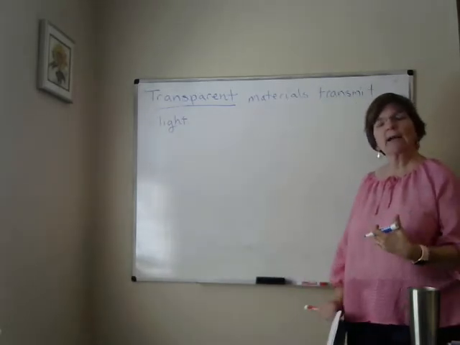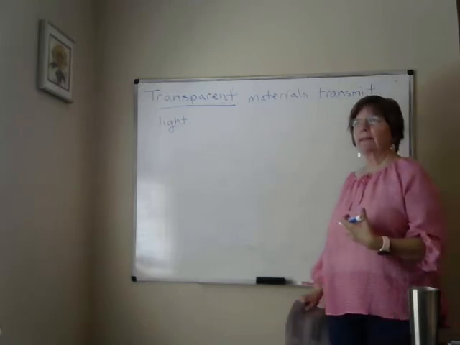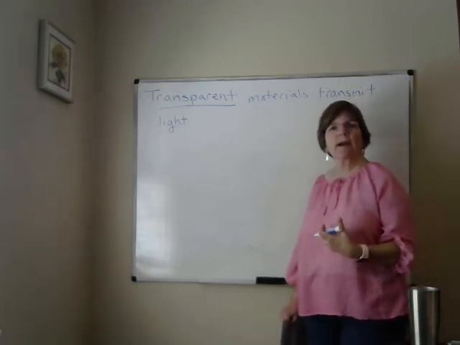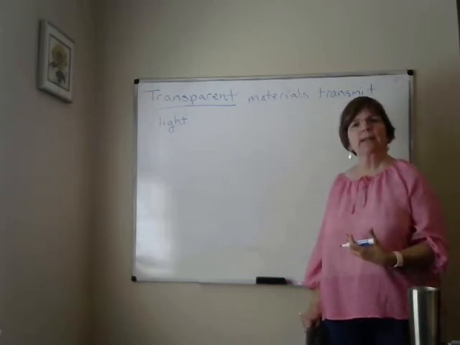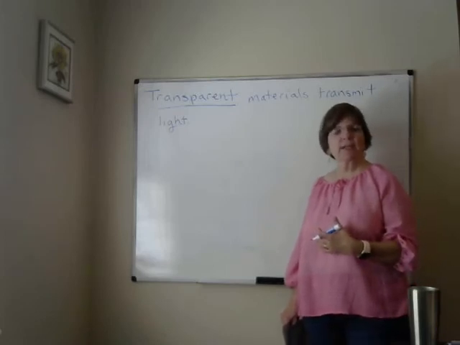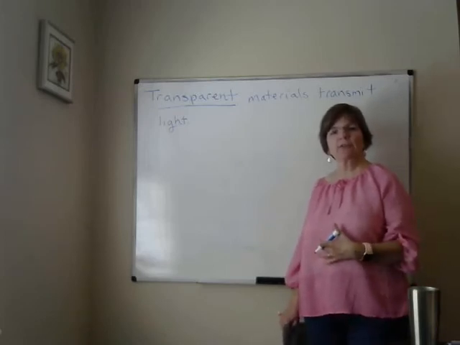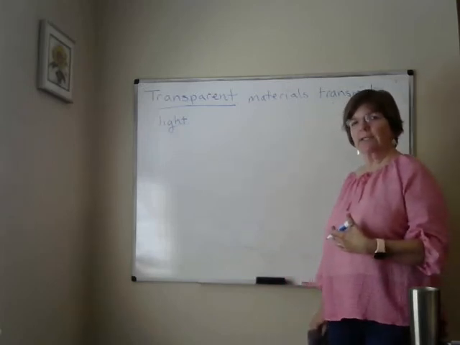So for right now, we'll talk about visible light. But you might stop and think that there are some materials that would allow certain types of electromagnetic radiation to penetrate and yet block other forms of electromagnetic radiation. So they may be transparent to certain frequencies and not transparent to other frequencies.